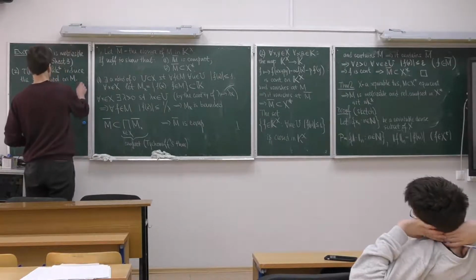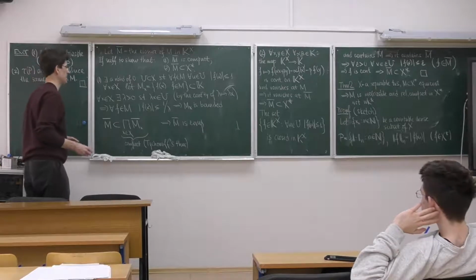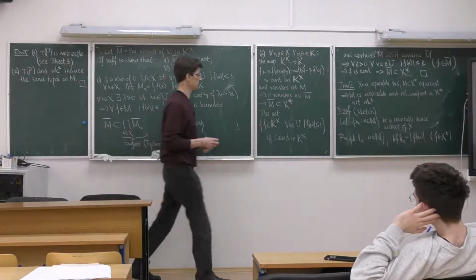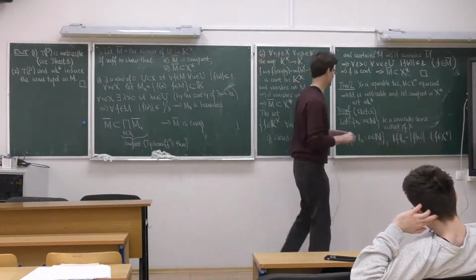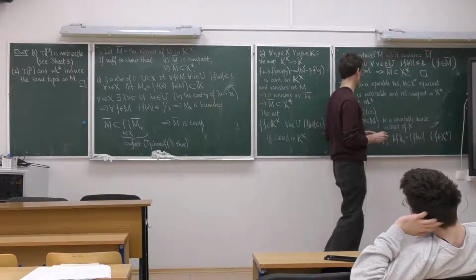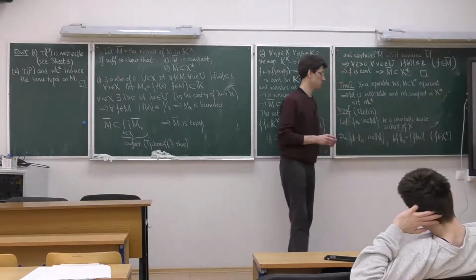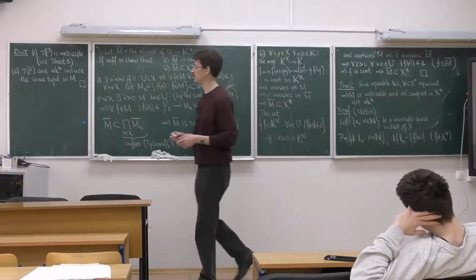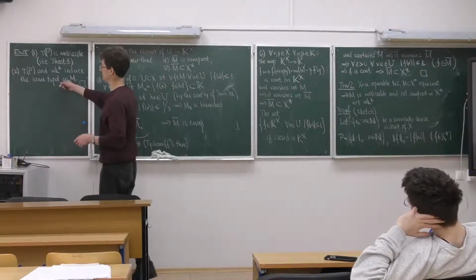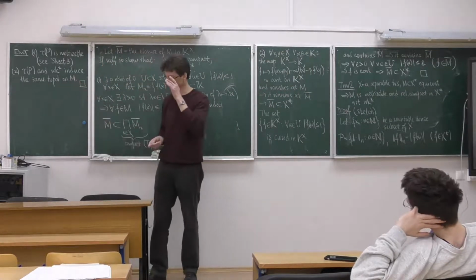So modulo these exercises, theorem 2 is reduced to theorem 1, because M is relatively compact for the weak star topology by theorem 1, and it is metrizable because of these exercises.